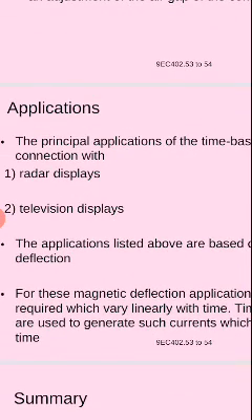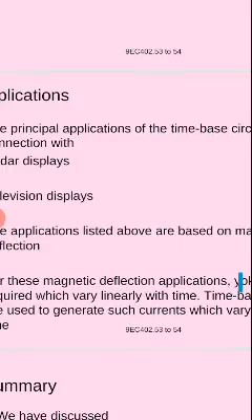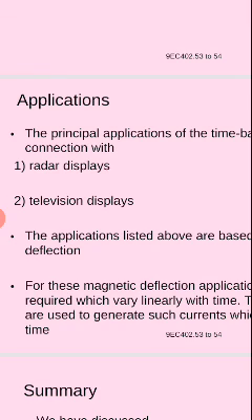The applications listed above are based on magnetic deflection.